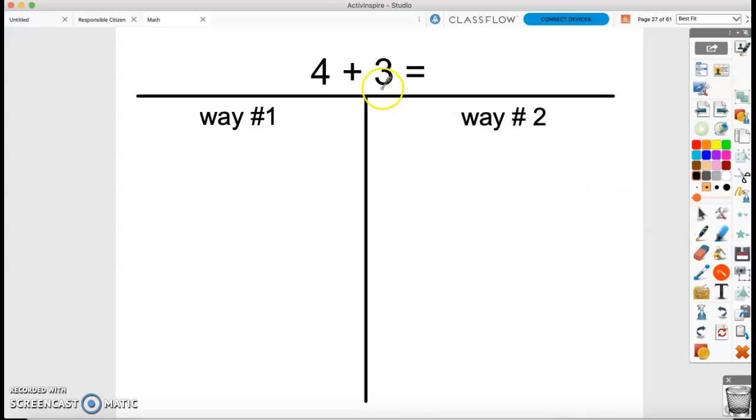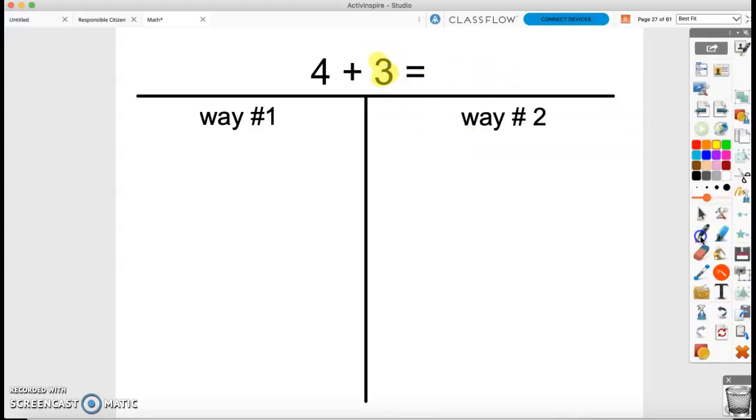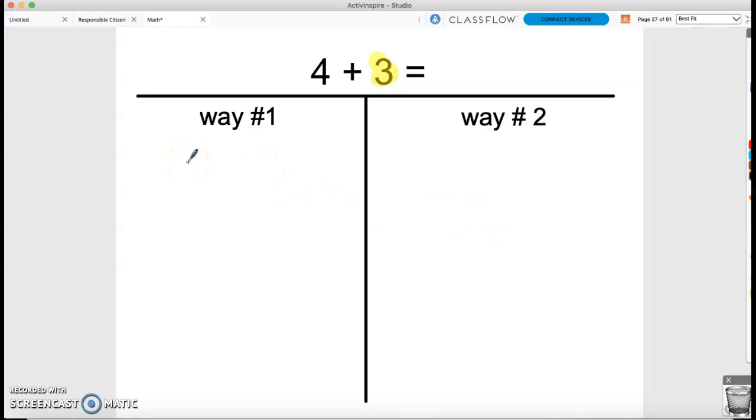So I'm going to look and see, and I see that one of my numbers is a 3. So I know that I can use the count on strategy because I count on with numbers 1, 2, and 3. So I remember when I do my problem that I'm going to start with the bigger number, which is 4, and then I'm going to count on the other number.